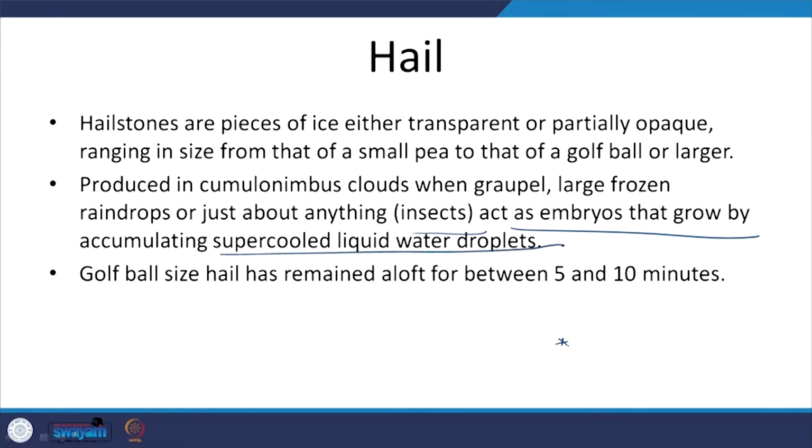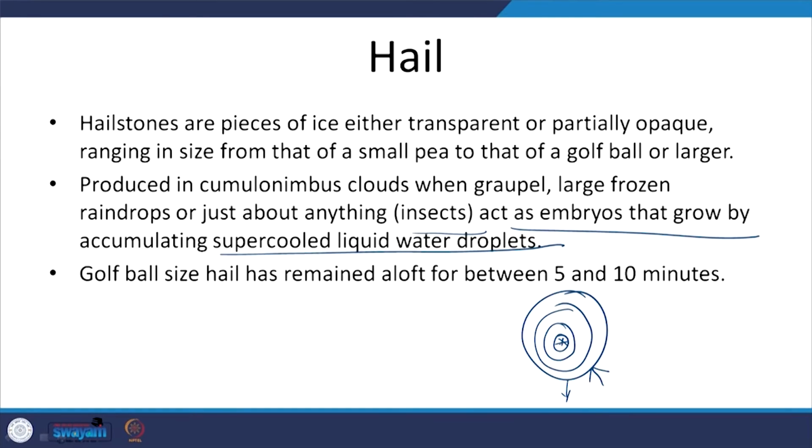So any smallest entity, if it starts accumulating water or water vapor, subsequently as it becomes larger, it comes in contact with even more tiny droplets which just get stuck onto the surface, and because the temperatures are already freezing, they just become ice again.